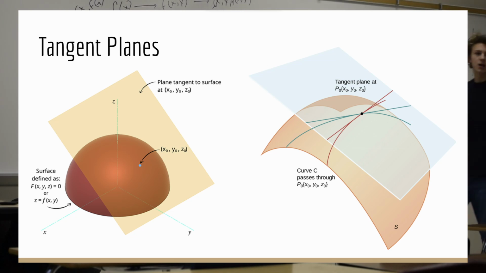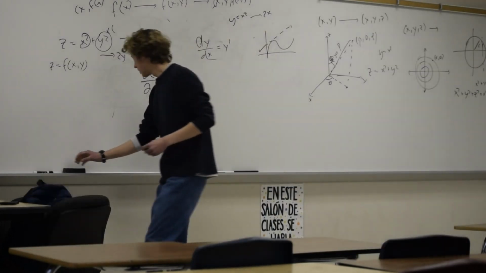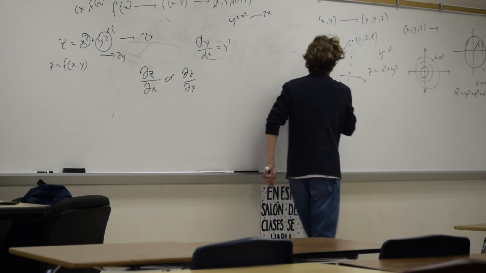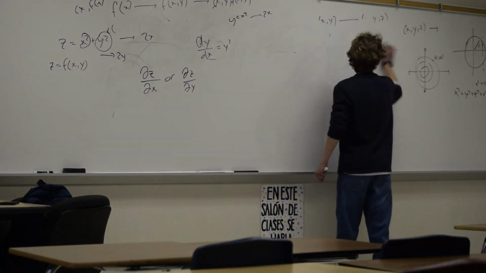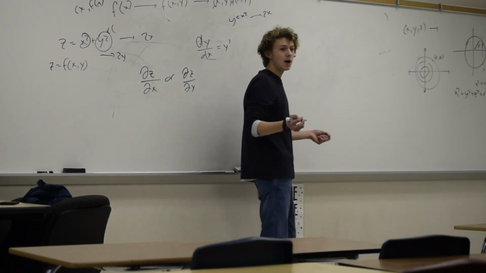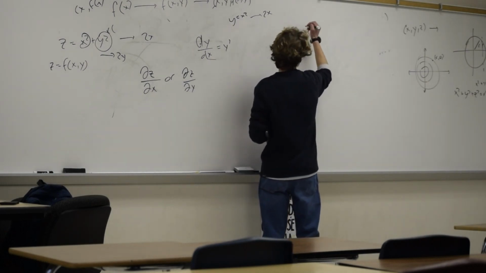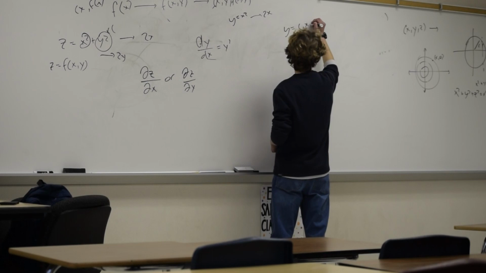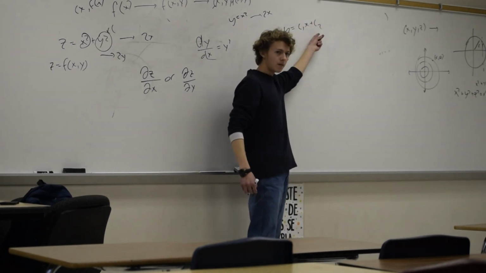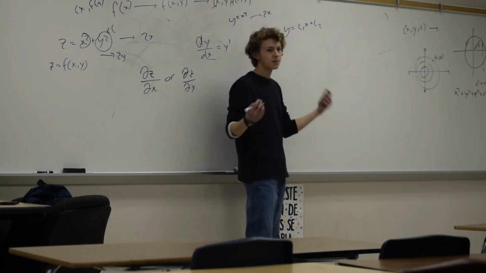Much like a line in 2 dimensions, which is described by y equals some constant times x plus constant 2. I'm not going to say mx plus b, just for simplicity, to explain the next one.